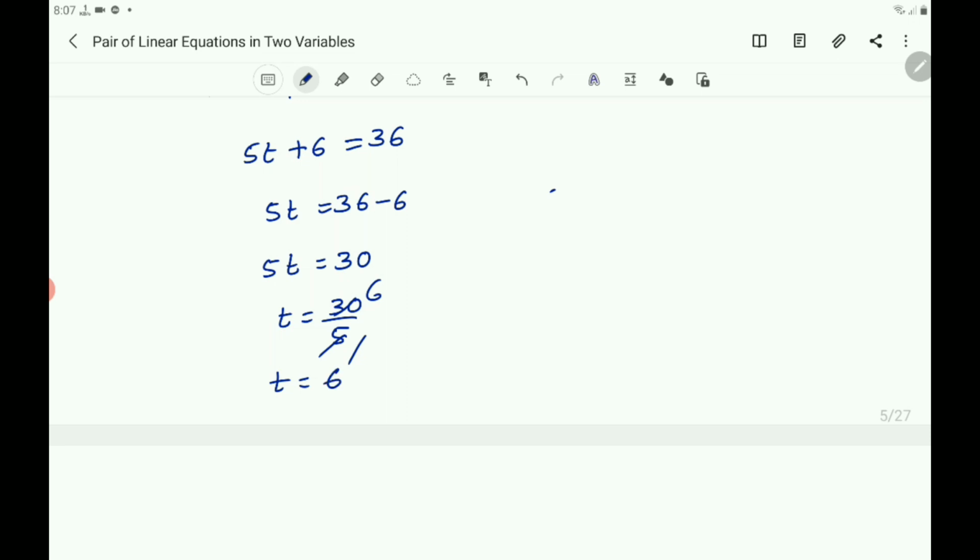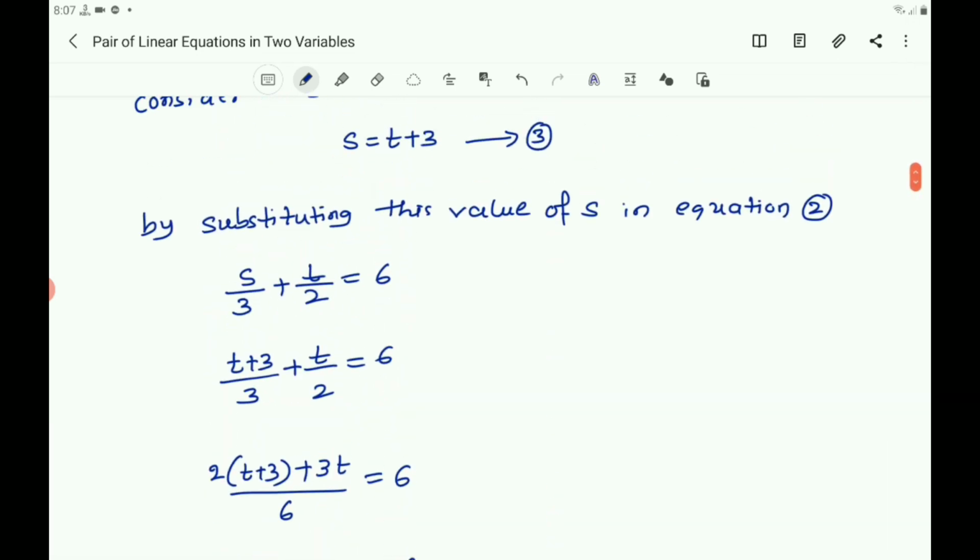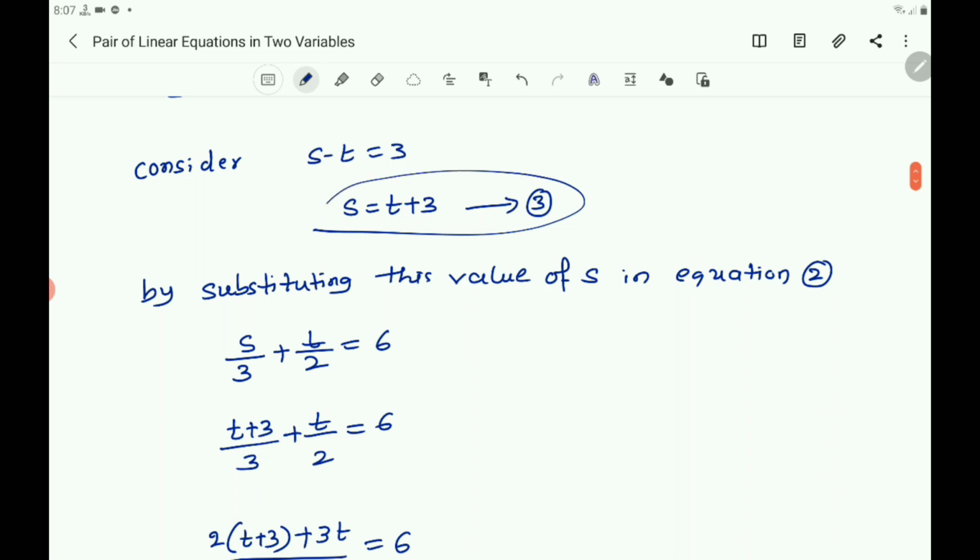Then you substitute this value of t in equation 3. Equation 3 is s equals t plus 3.